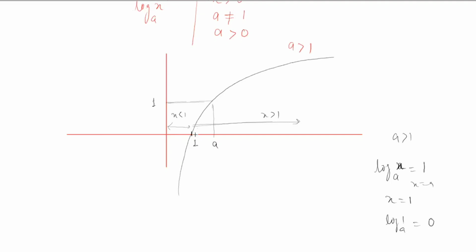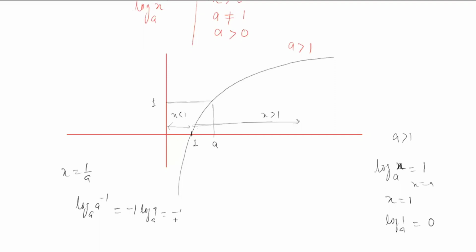Now, when x is less than one, let's take an example of x equals one by a. As a is greater than one, one by a will be less than one. This is a to the power minus one, so I can write it as minus one into log a to the base a.